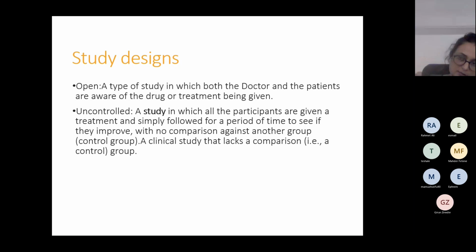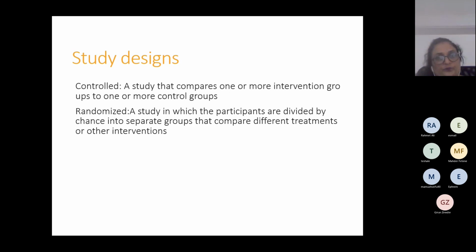So it is just one study, one group of patients, and one set of medicine, one set of protocol, or one set of drug which is being given, and then it is monitored for improvement and efficacy. So it is monitored, but here it is not compared with any other group, so it is called uncontrolled.